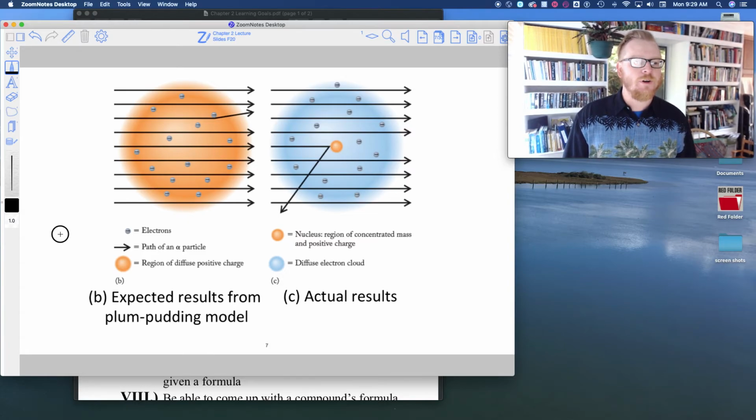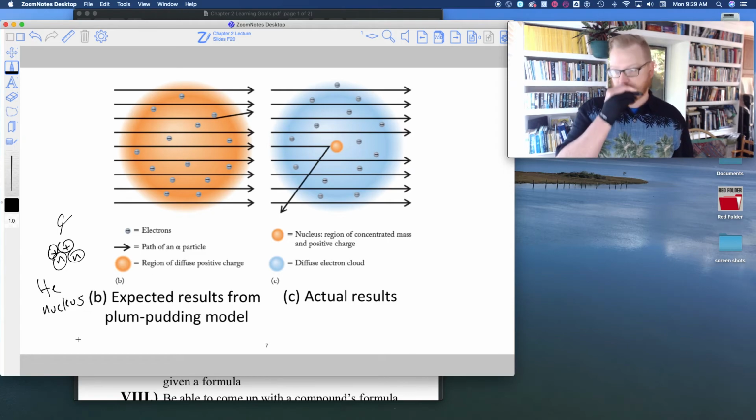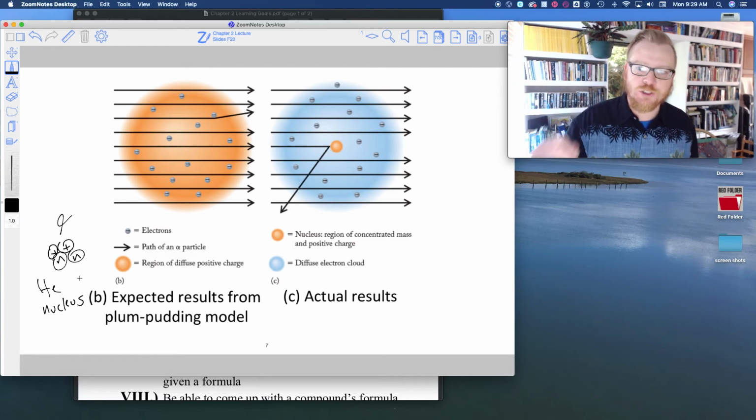Because, as we'll learn, an alpha particle contains 2 protons and 2 neutrons. So it's a helium nucleus. We'll learn that as we progress through the semester, okay? So these alpha particles are really quite giant compared to an electron. So if they hit an electron, they should just shred it to pieces.